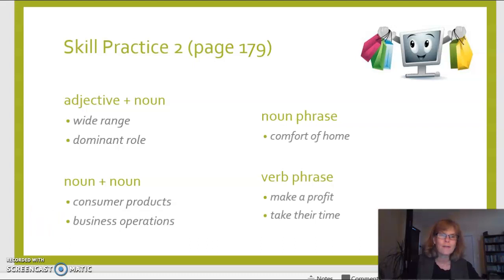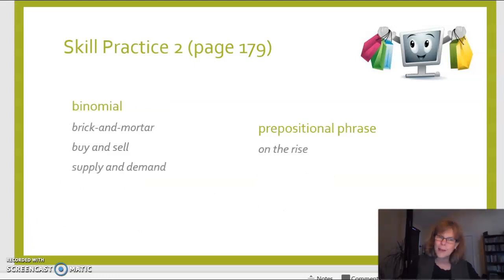Again, looking for noun phrases, I saw this one, the comfort of home. And verb phrases, I saw make a profit or take their time. Those were good phrases starting with verbs. And then finally, I saw a few more, as I was looking for binomials.